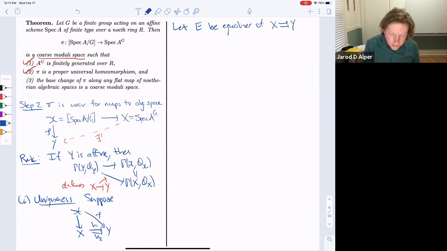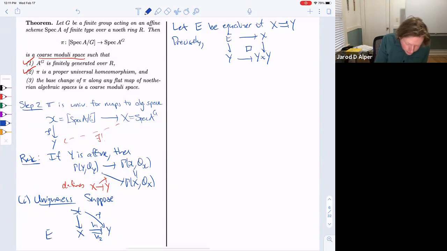So precisely, it's given by this fiber product over the diagonal of Y. So E sits inside X, and we know it's a monomorphism.